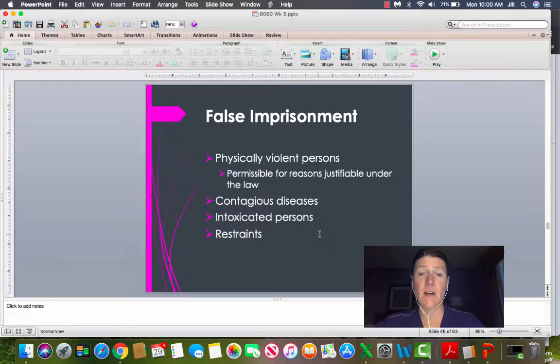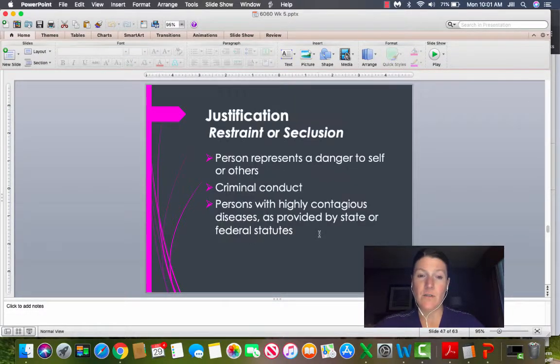You may have a patient that maybe has a behavioral health issue or is intoxicated and they are belligerent, but there are only very certain situations where we can use physical or chemical restraints in the healthcare setting, due to the fact that it would be considered false imprisonment and potentially battery as well if it's a physical restraint. So it's important that we follow the guidelines that our organizations have put forth with regard to keeping patients against their will or restraining patients. Very important.